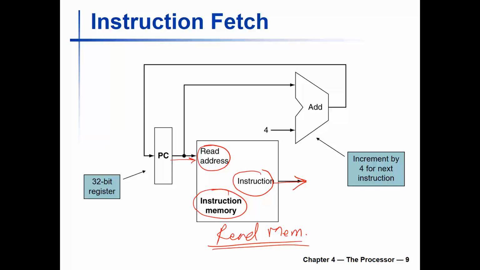Once I read an instruction, I need to move to the next instruction, which is PC plus 4. Why 4? This 4 indicates the address increments by 4, and the instruction memory is byte addressable. So when I add 4, I'm adding 4 bytes to the address, which means moving to the next 32-bit instruction. Every instruction in this machine is a 32-bit instruction.